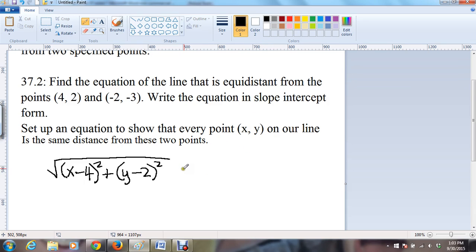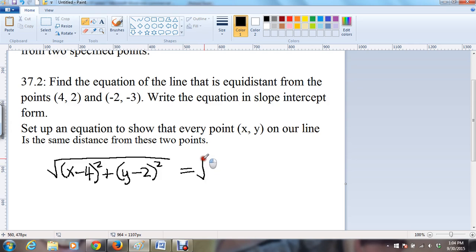All right, and what I want to say is that that is the same as the distance from any point on my line to negative 2, negative 3. That's what I'm trying to say here. I'm saying all the points on my line have the same distance from themselves to 4, 2 as to negative 2, negative 3.